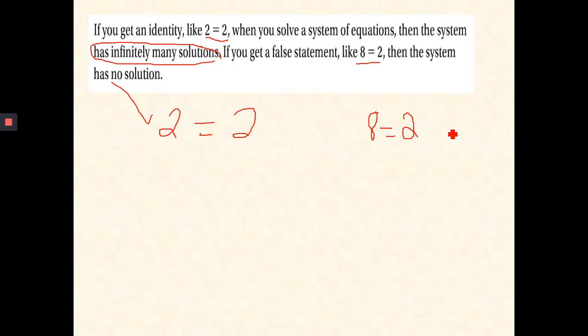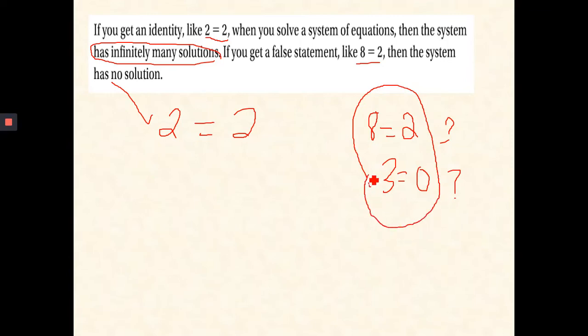Are they equal? No. Or it can be 3 equals 0. Are they equal? No. If you happen to encounter this kind of expression or equation, then the system has no solution. If they are equal, the system has infinitely many solutions. If they are not equal, then the system has no solution. Okay?